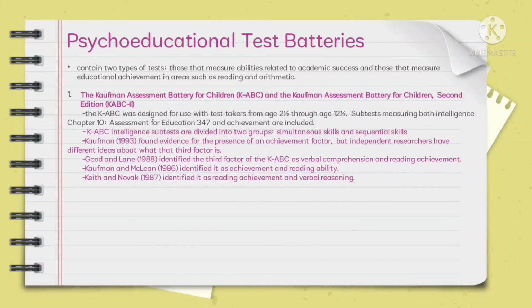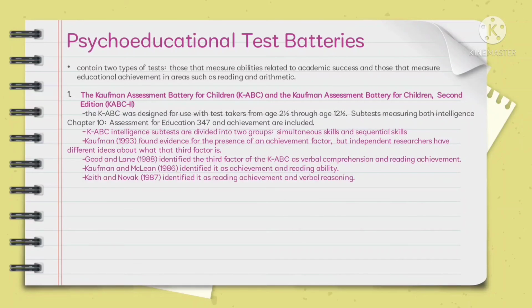The KABC was developed by a husband and wife team of psychologists. The KABC was designed for use with test takers from age 2.5 through age 12.5. Subtests measuring both intelligence and achievement are included.